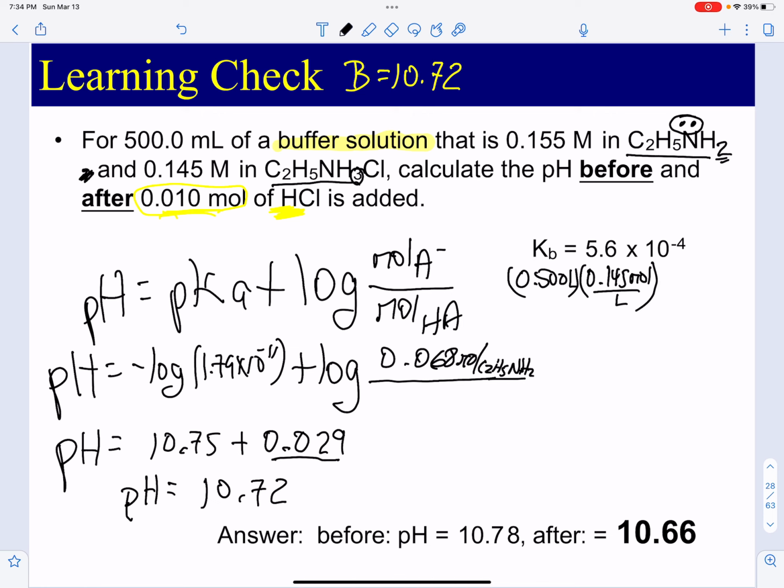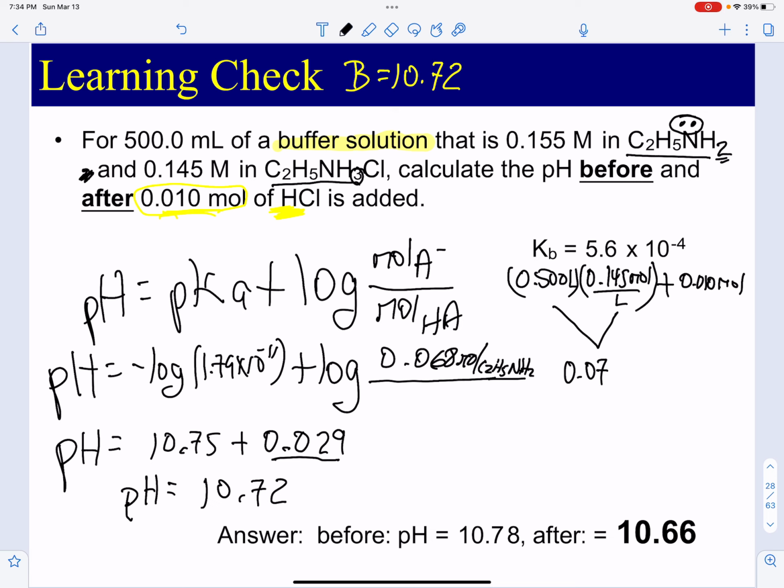And this is an acid, and we are adding acid to it. It's not going to eat it away because it's an acid with an acid. You're just adding acid, and we're adding 0.010 moles.